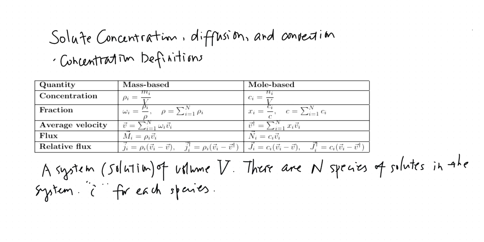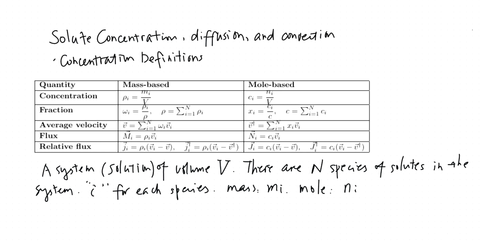And each species has its mass, Mi, and then we also have mole, Ni. So the different species coexist in this mixture of solution.